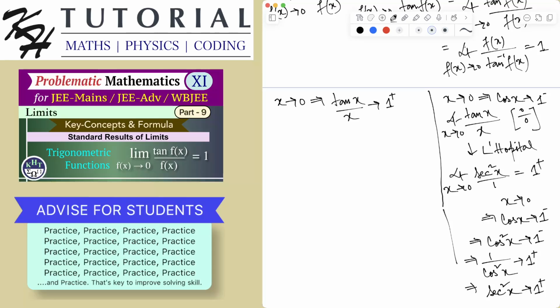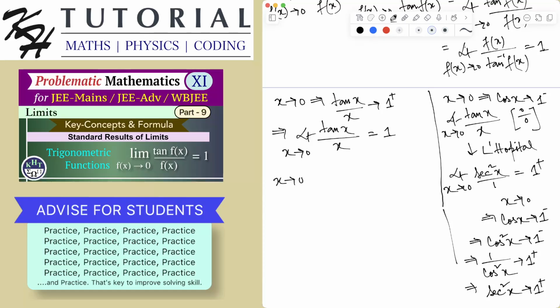But in the language of limits, we say that limit when x tending to 0, tan x by x is equal to 1. But remember that when x tending to 0, tan x by x tends to 1 positive.